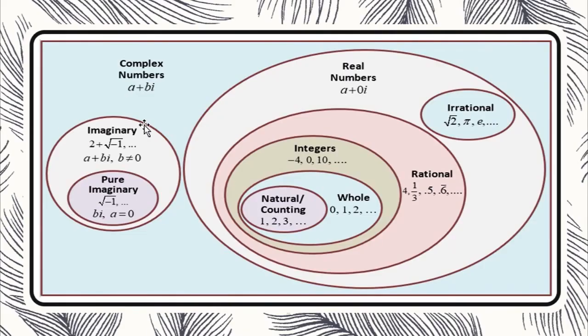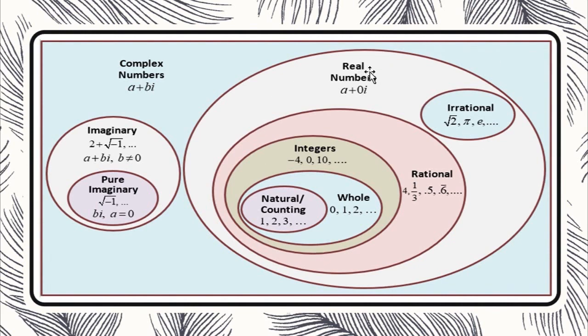Okay, so now we have this diagram sa atong complex numbers. Under the complex numbers, we have the imaginary numbers. Kana siya with the pure imaginary and the real number system.